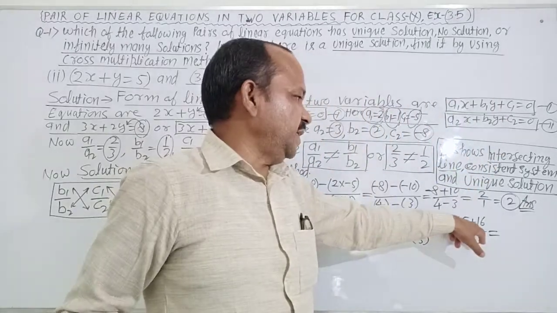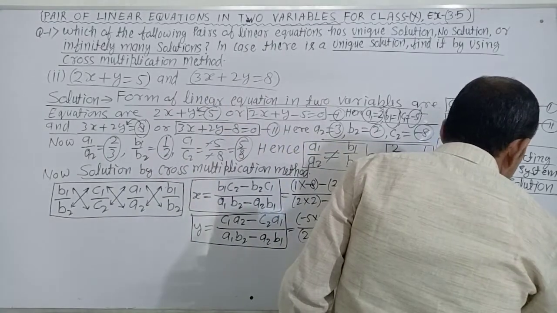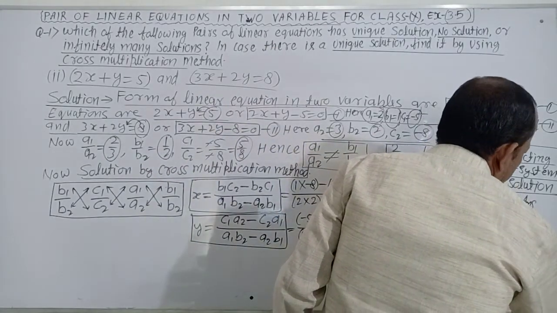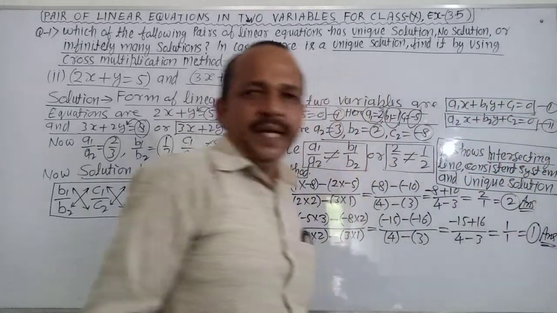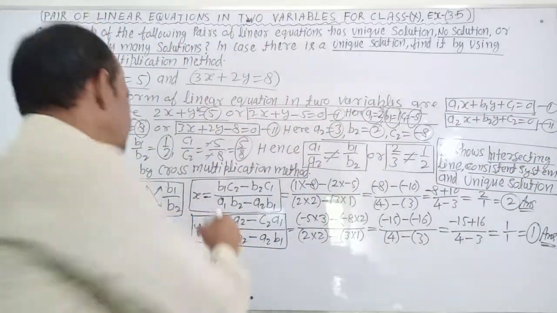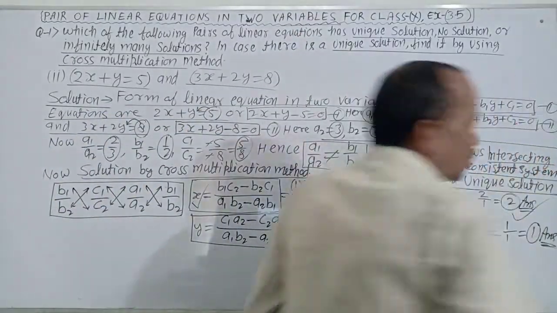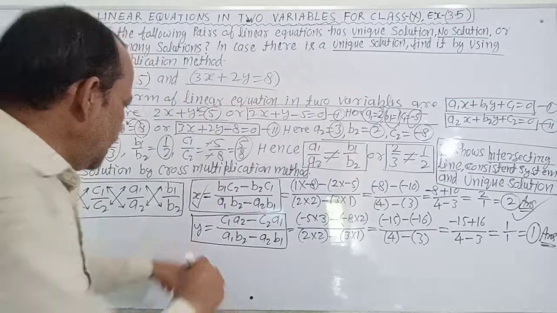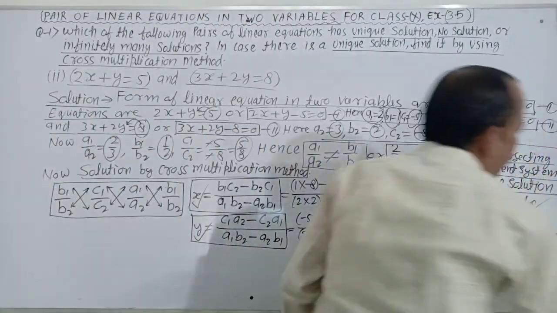Here minus 15 here plus 16 you subtract it. It become 1 by 1 equal to 1. Answer. You find the value of x equal to 2. The value of y equal to 1.